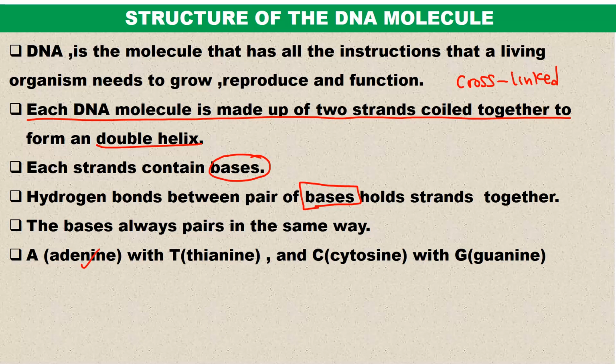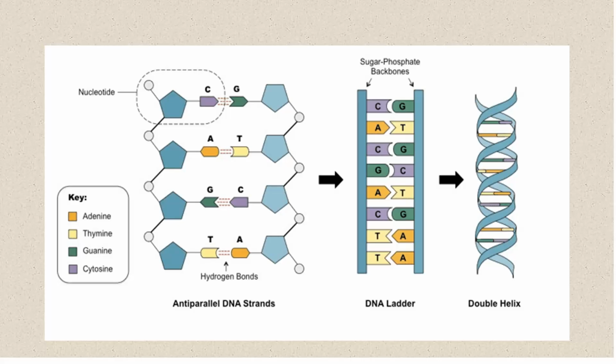This one is supposed to be thymine. Then cytosine, and then guanine. So this is A, this is T, this is G, this is C. But you don't need to know the names. You just need to know the letters C, G, T, A, and which one bonds with which one.